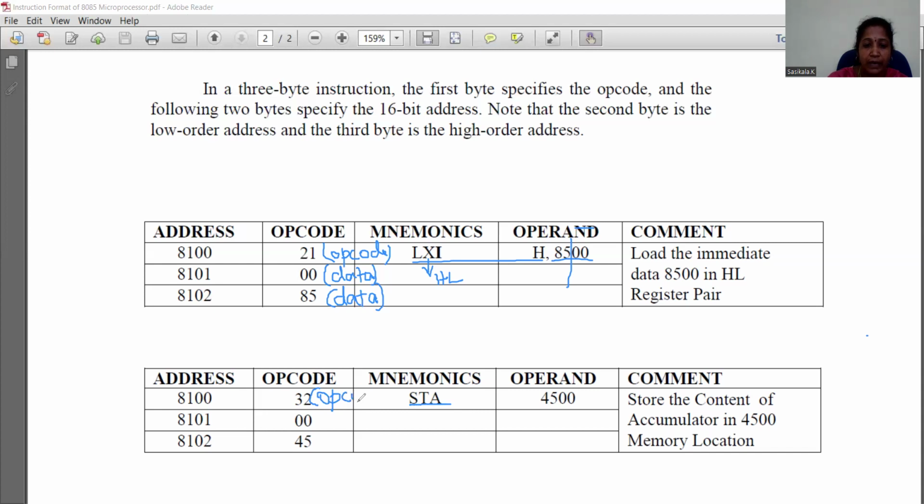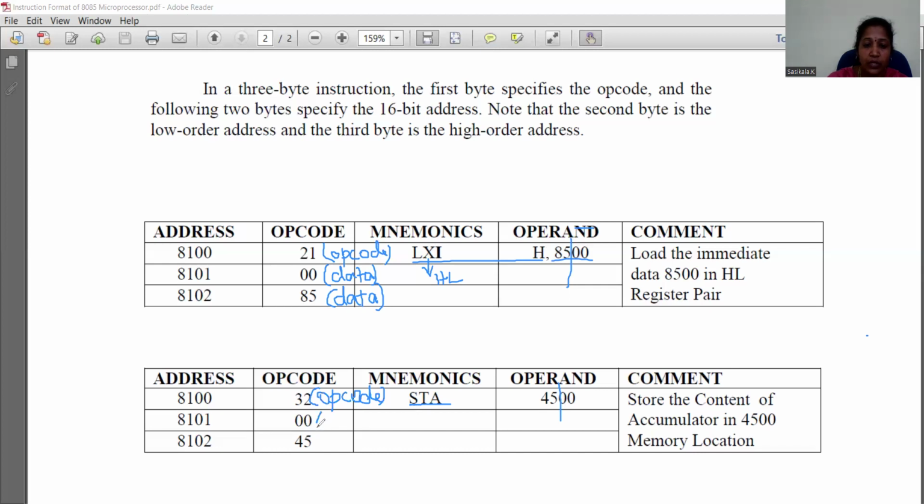So the first part is the opcode, and as we have already discussed in the first instruction, this 4500 is a 16-bit value. So it is split into two parts, that is 45 and 00. First we need to write the lower order byte, that is 00.